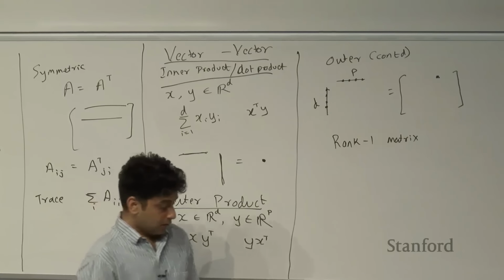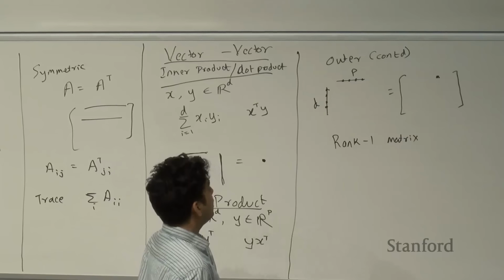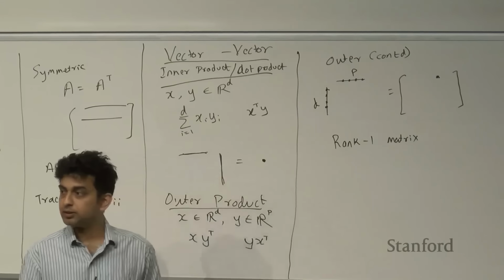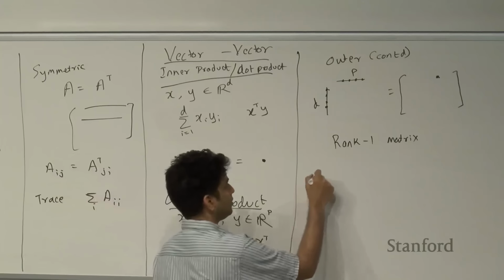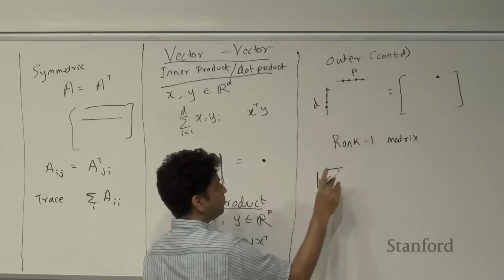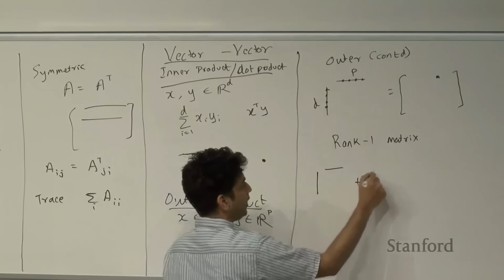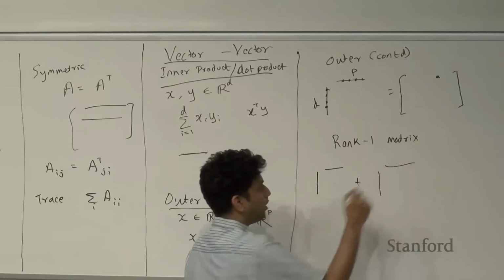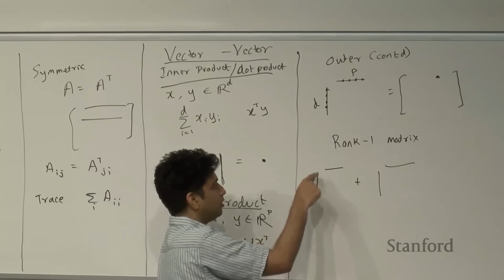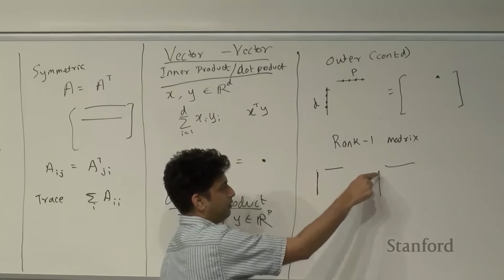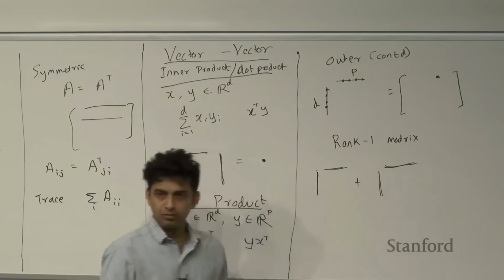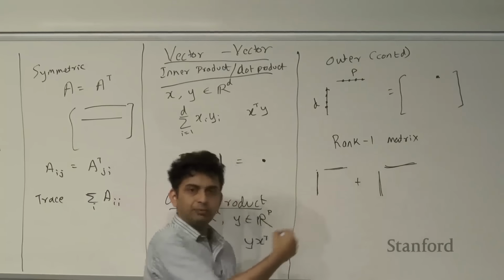You could also, for example, take two rank 1 matrices and add them up. Here you get a rank 1 matrix, you get another rank 1 matrix, and you sum them up element-wise. The column vectors have to be of the same dimension, and the row vectors have to be of the same dimension, but the two need not be the same dimension.